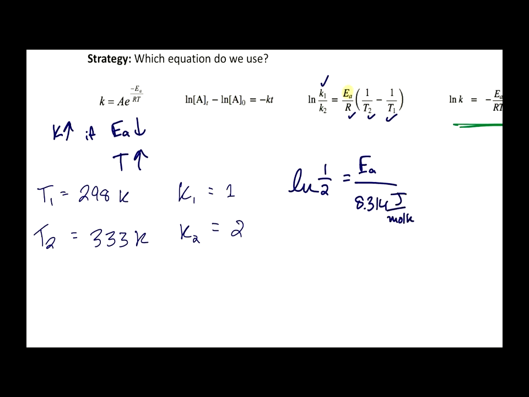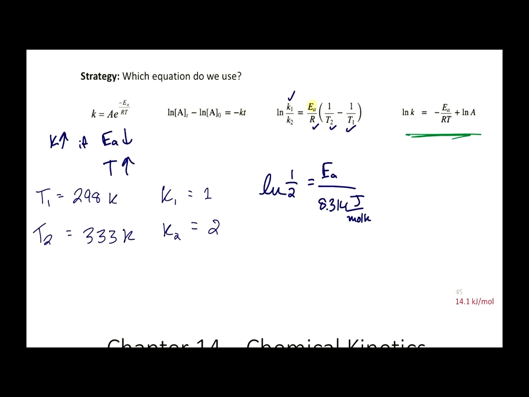So when we solve for activation energy, it will have the unit of joules per mole. And then we do the inverse temperatures. Just be very careful here. It's inverse T2 minus inverse T1. So it's 333 to the negative 1 minus 298 to the negative 1. Make sure you get those in the right spot.